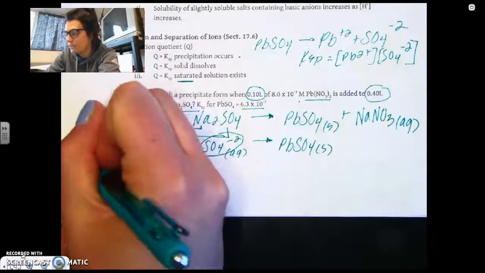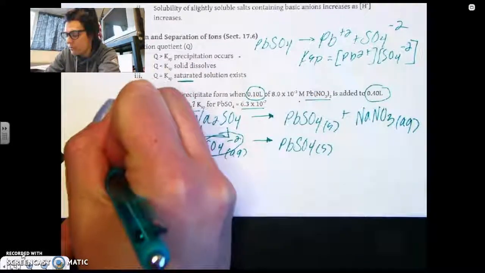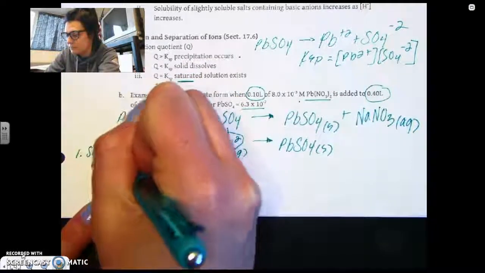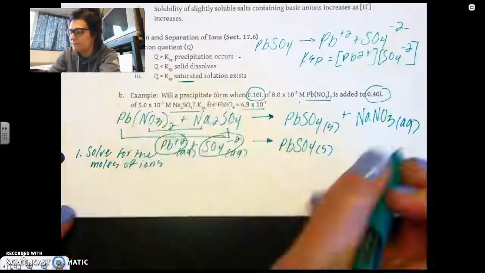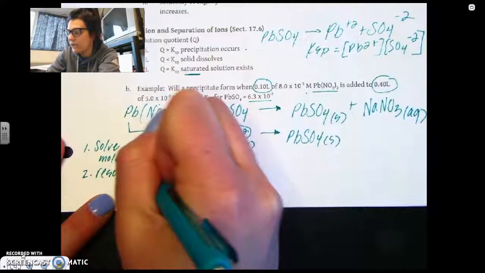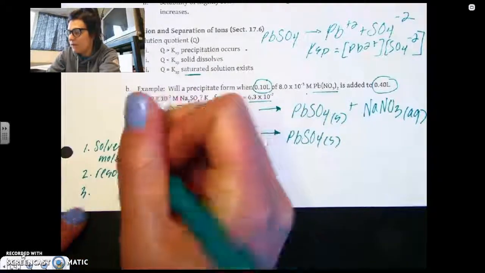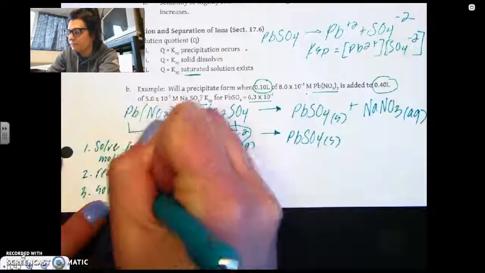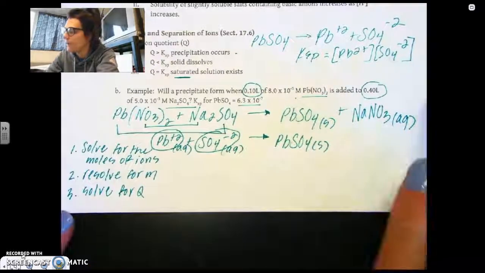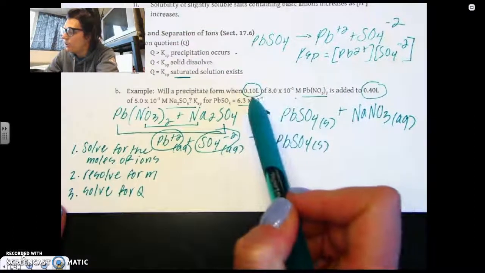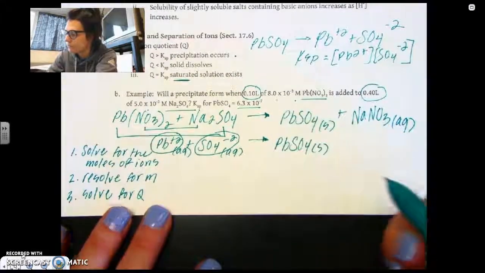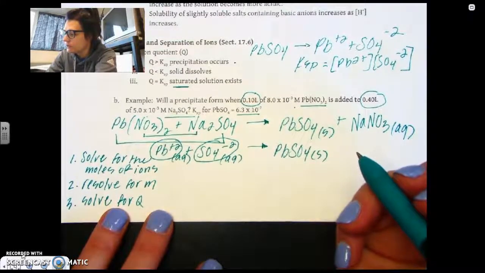Written stepwise, we're going to solve for the moles of the ions, then resolve for molarity, and then we can solve for the quotient. So I have 0.1 liters of 8.0 times 10 to the negative third molar.